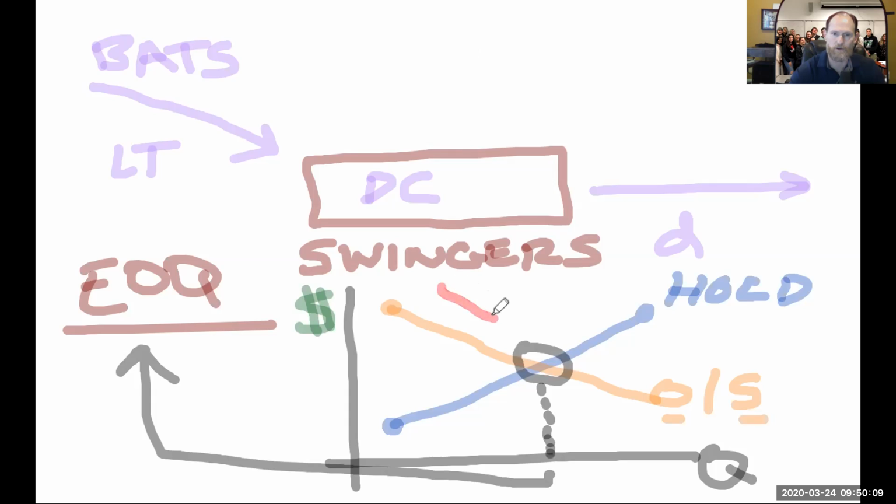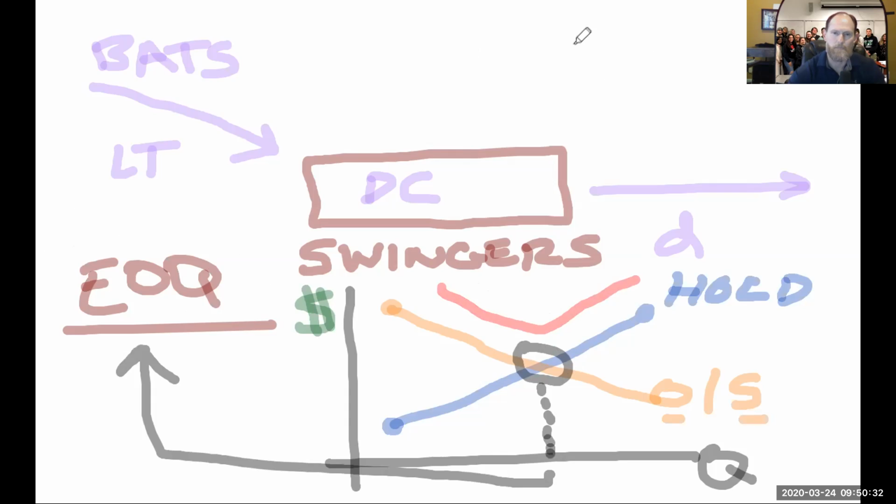It starts here and hits its lowest point right where that EOQ is. And then it goes back up. And that total cost line is that blue line plus that gold line. So that's why every time we order, we want to order that EOQ. And again, EOQ answers how much.